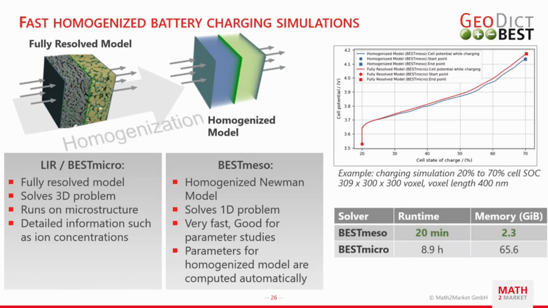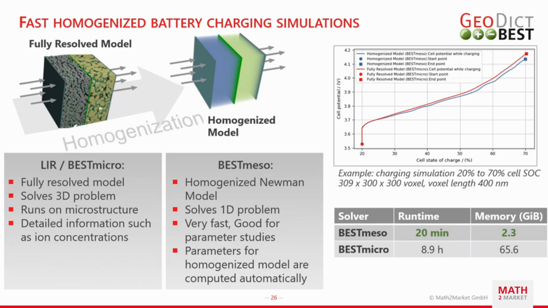And we have, in general, two different models implemented inside of GeoDict. So what I was talking about so far was the fully resolved model. So you do the simulation on the three-dimensional microstructure. We have two different solvers there, the LIR solver and the best micro solver.